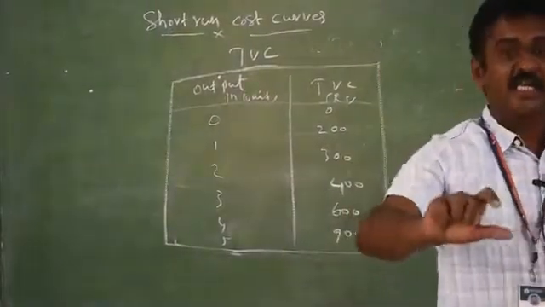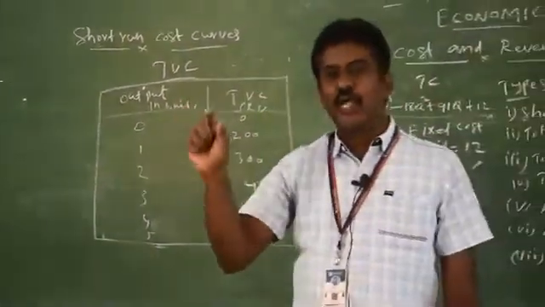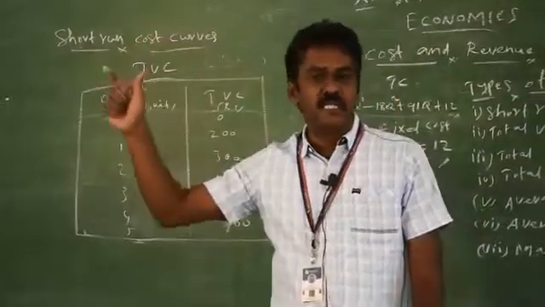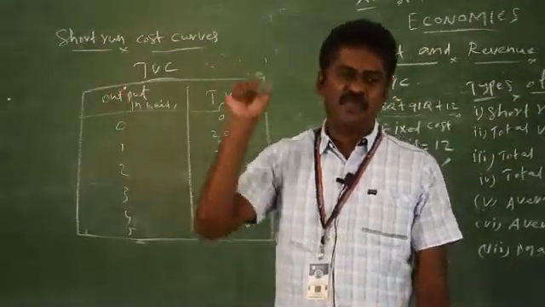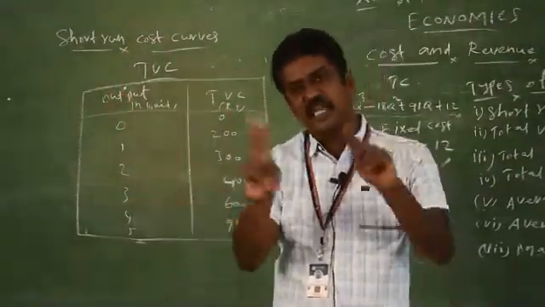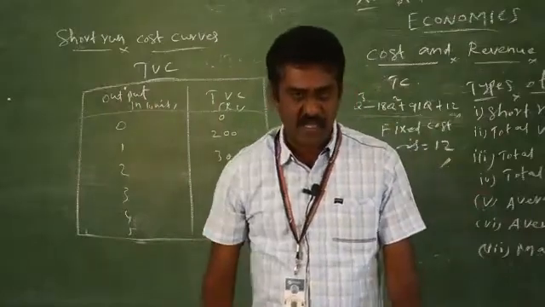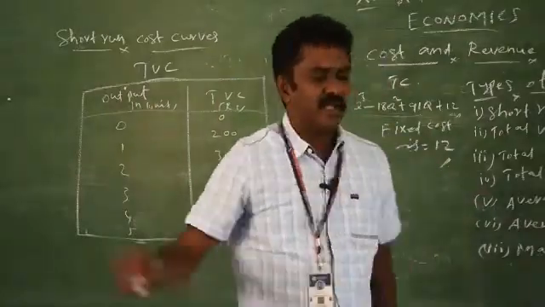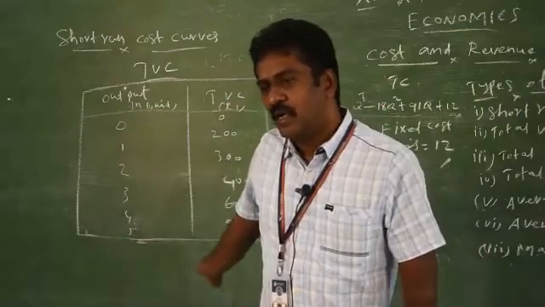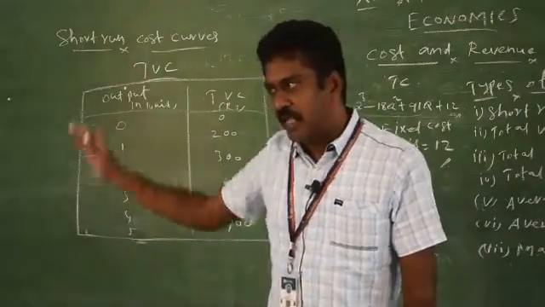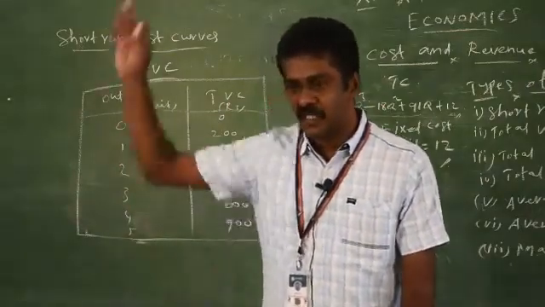Now in the short run, the total cost is equal to total fixed cost plus total variable cost. Total fixed cost and total variable cost together make the total cost. I am showing them one by one separately. First, total fixed cost I have written, all in rupees, the 1000 rupees.